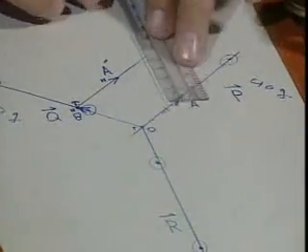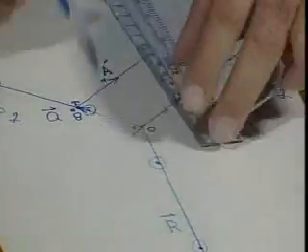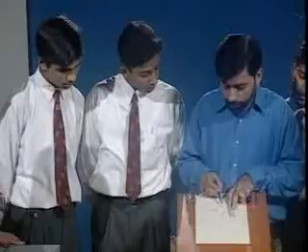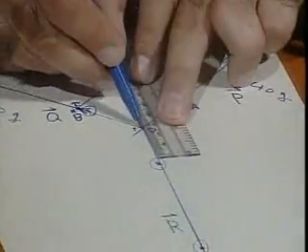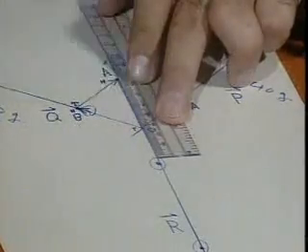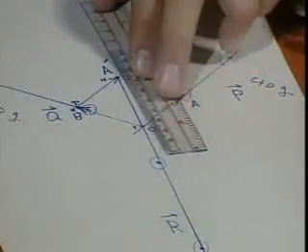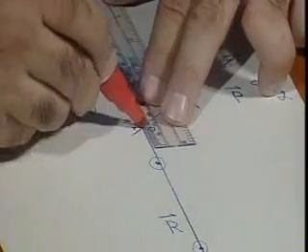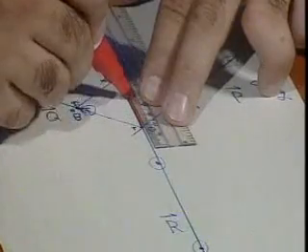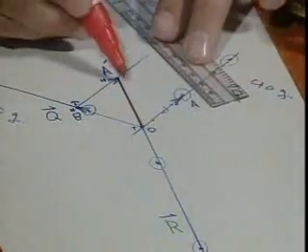Now according to the same method, if you join this tail of the first with the head of the last, you will get a certain line. So you can draw it with the red pen also, just to indicate that it is the resultant.